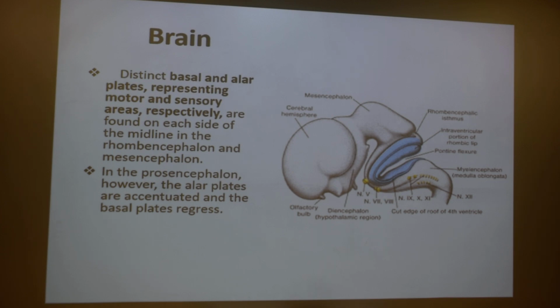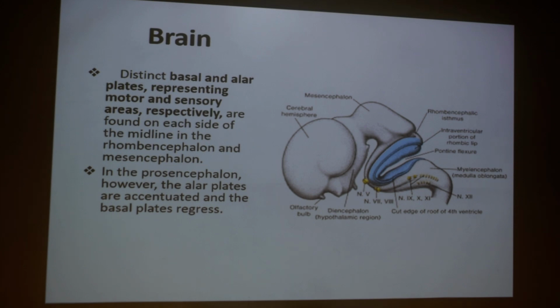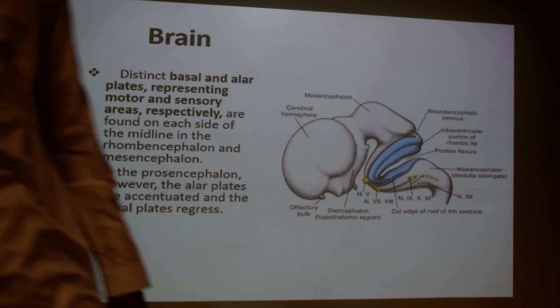Now, in terms of the brain, especially the part which we call the brainstem, the mesencephalon and the rhombencephalon also have basal and alar plates. But the orientation of the basal and alar plates would not be anterior and posterior. The basal plates would be lining in the midline, and the alar plates would be lining on the lateral side.